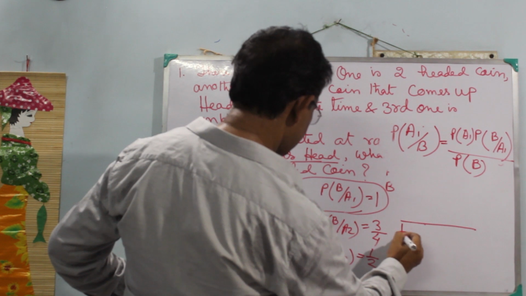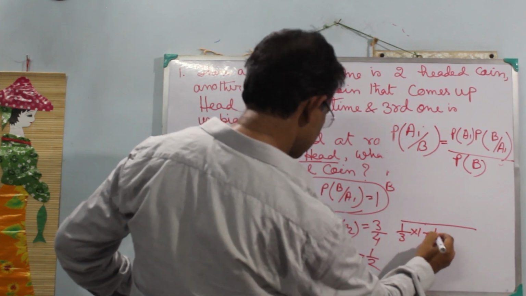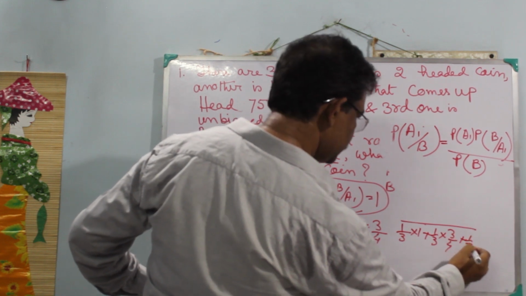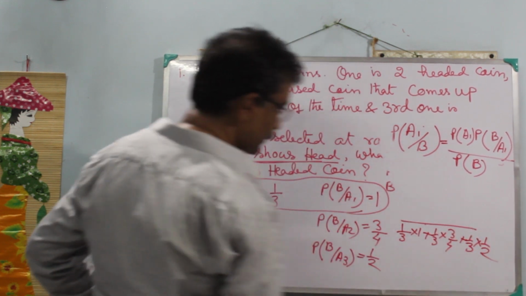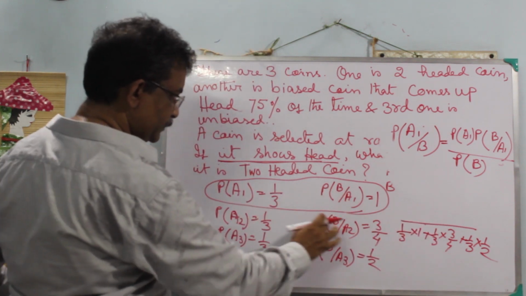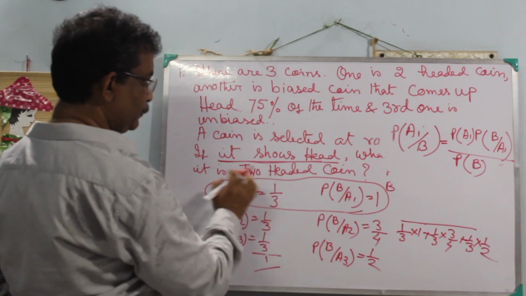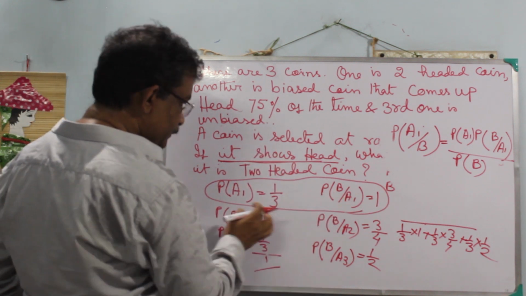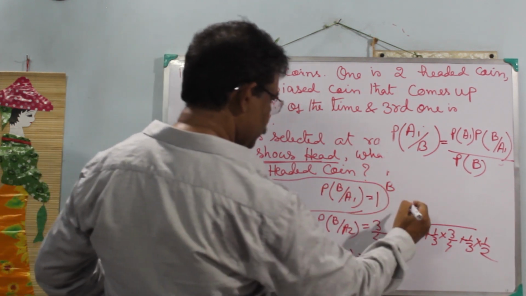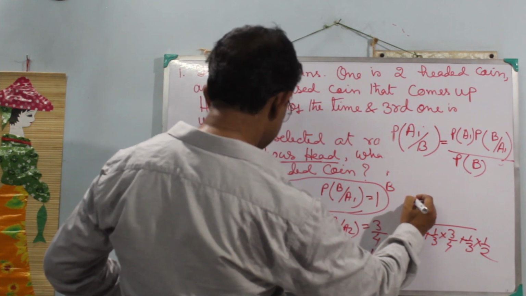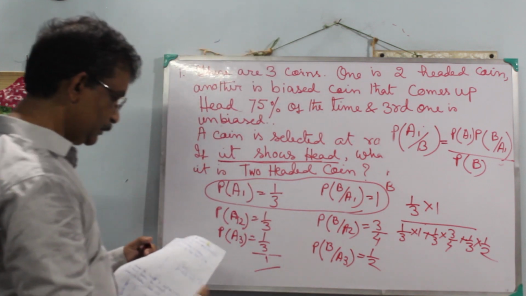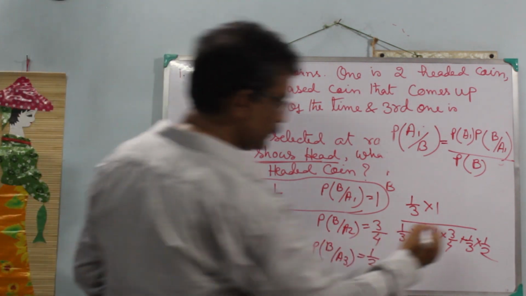That means 1/3 into 1 plus 1/3 into 3/4 plus 1/3 into 1/2. Always take the denominator this into this, this into this, this into this, and above, what is required, that it is two-headed. So since this one is two-headed, take this branch. The numerator would be 1/3 into 1. So the answer would be 4/9.